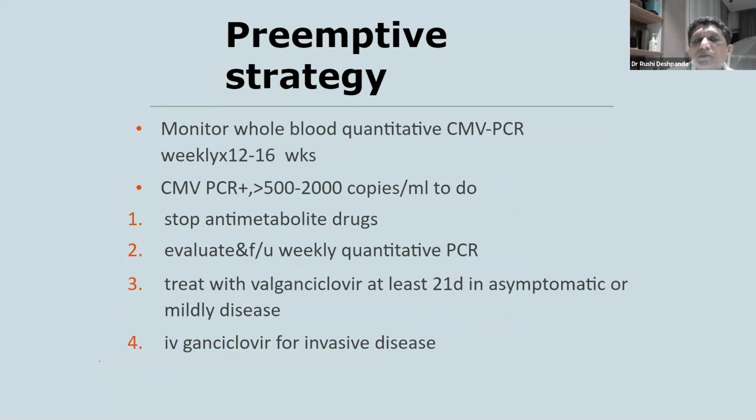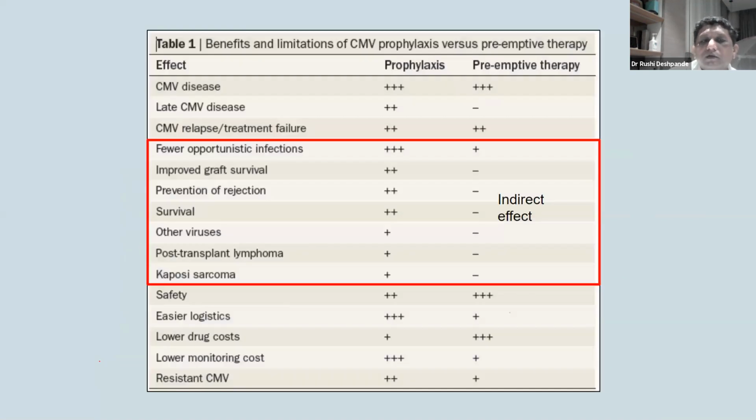This is what is done in the preemptive strategy, where they do weekly CMV PCRs for the first 4 months, and anytime the PCR shows more than 2,000 copies, they would immediately start treating with valganciclovir. If you use prophylaxis, there are some benefits and there are some problems.